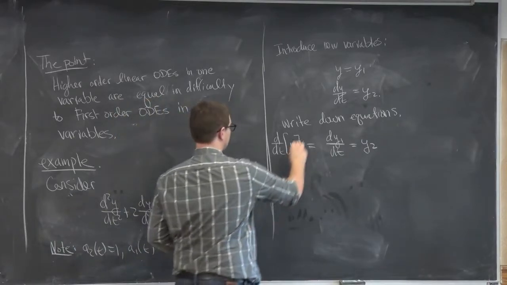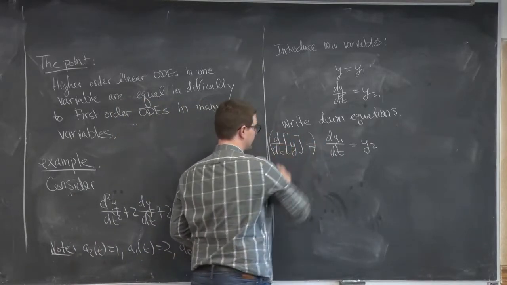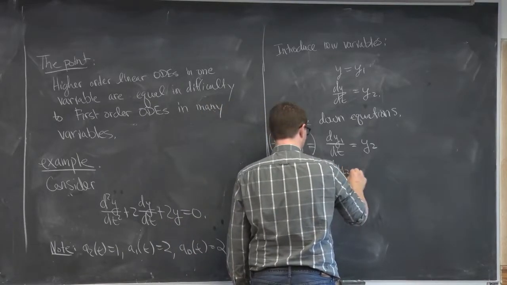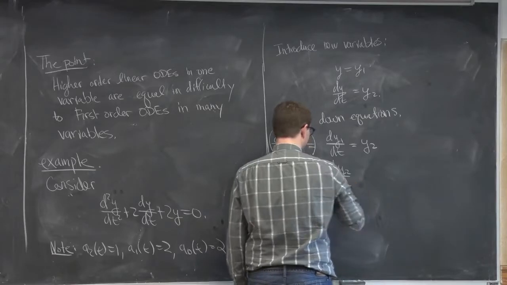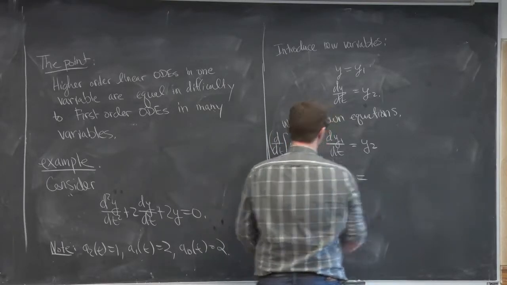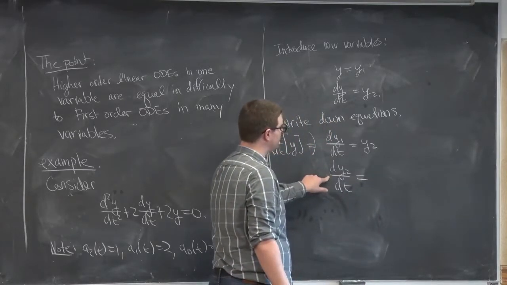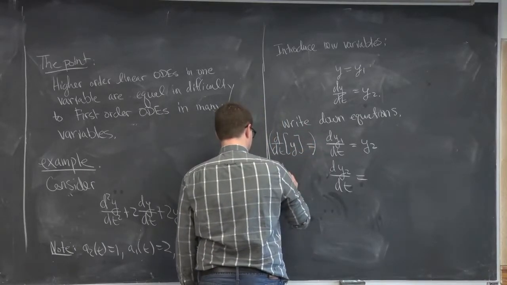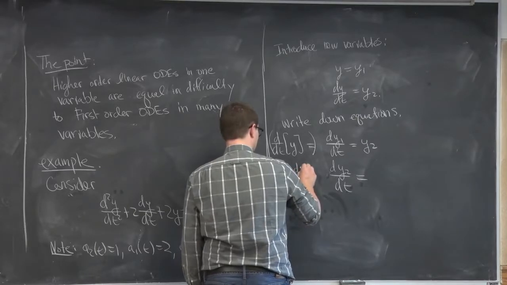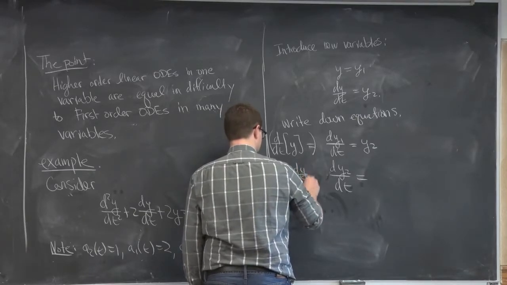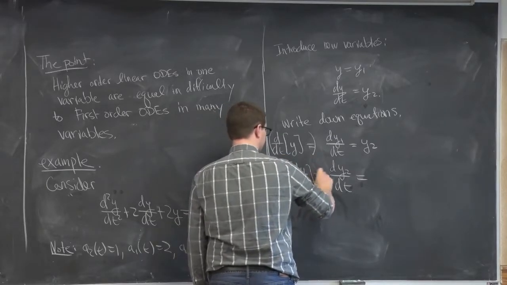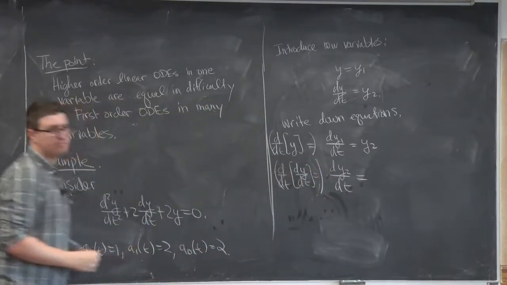Okay? So I'll put that in parentheses here. And then we had dy2/dt, okay? So this is like the second derivative, right? So this is equal to d/dt of dy/dt. That's what this is equal to. Do you guys see that?